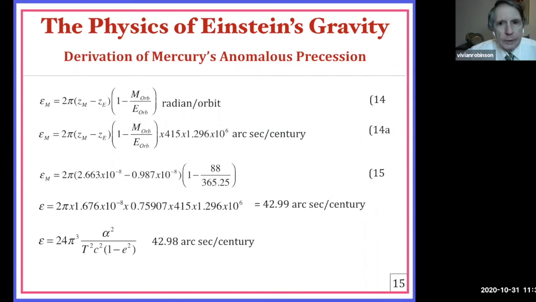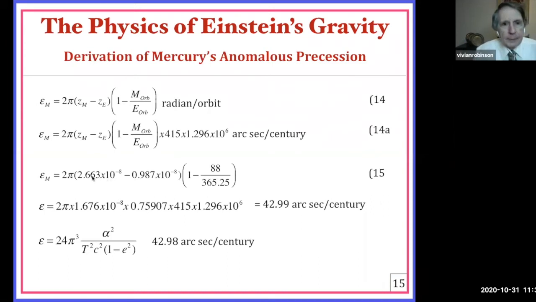I've repeated equation 14 here, and it's the calculation for Mercury's precession in radians per orbit, which is a function of Mercury's total orbit when viewed from Earth. To get the precession in arc seconds per century, you must multiply it by the number of Mercury orbits in an Earth century and the number of arc seconds in 360 degrees.